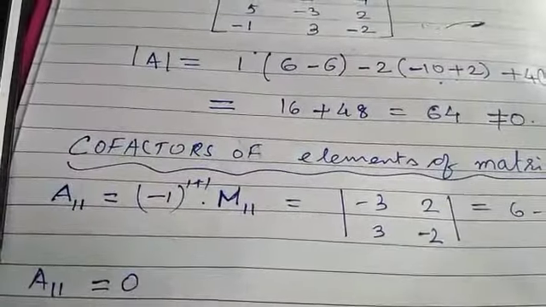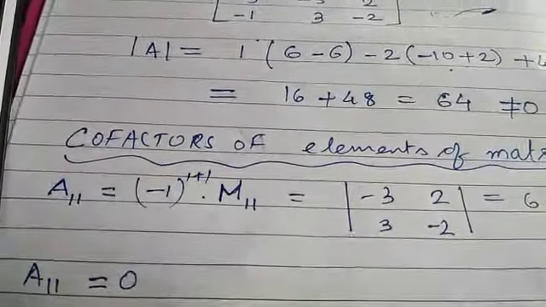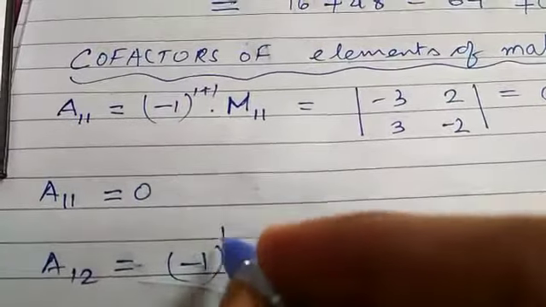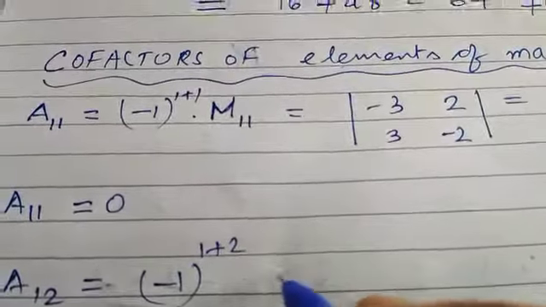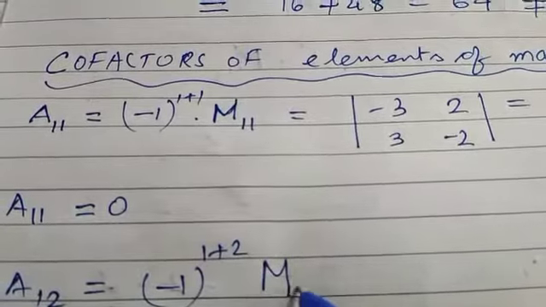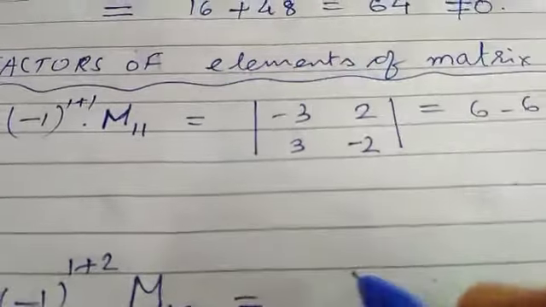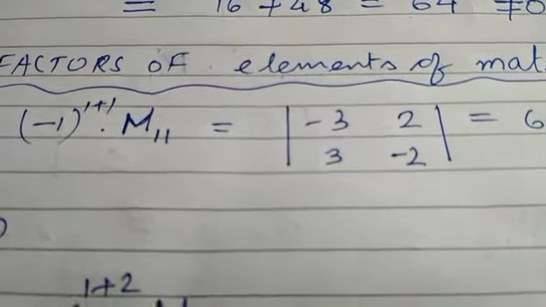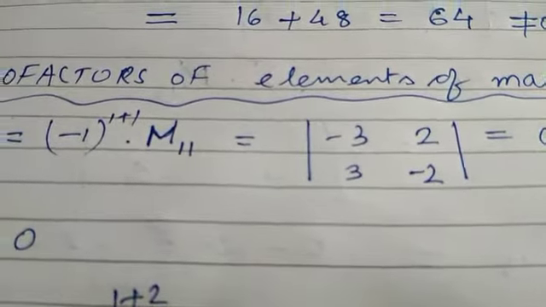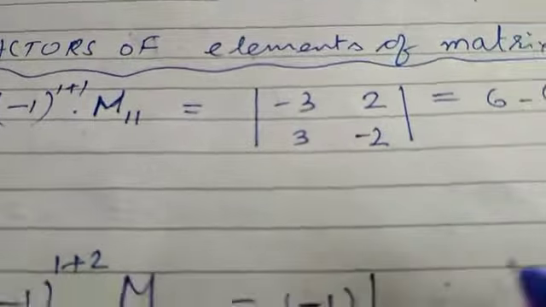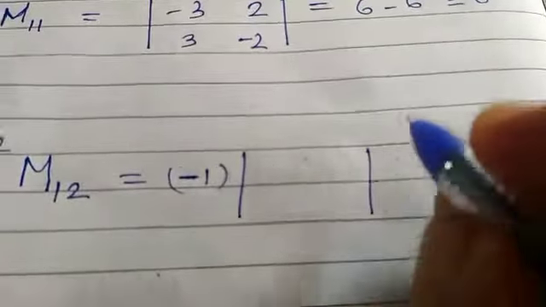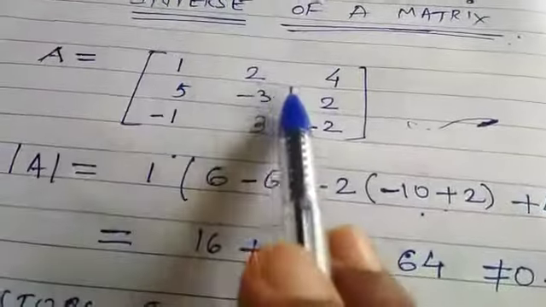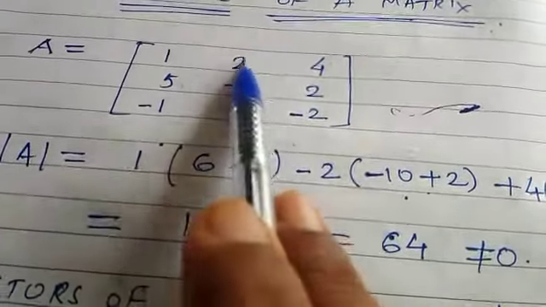Now first row second column, again it is minus 1 to the power 1 plus 2 into minor of first row second column element. Minus 1 to the power 1 plus 2, this is minus 1 cube, that is minus 1 into minor determinant. What is minor determinant of first row second column element, that is 2?